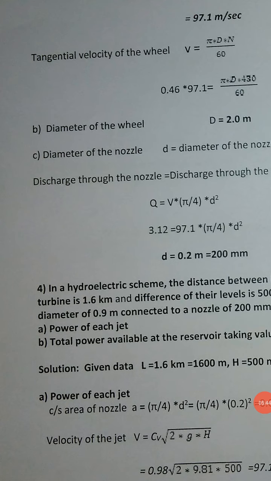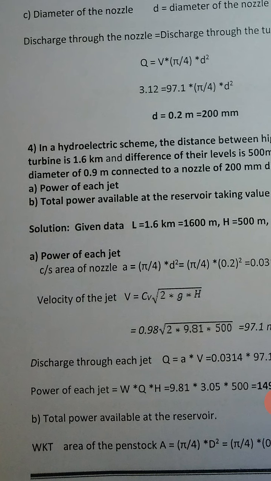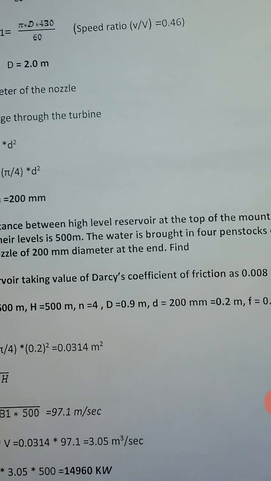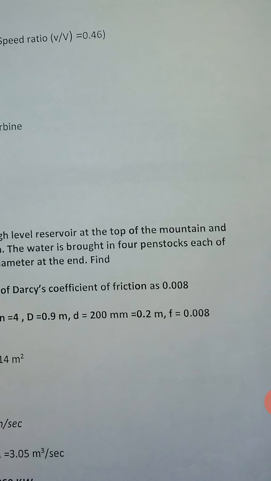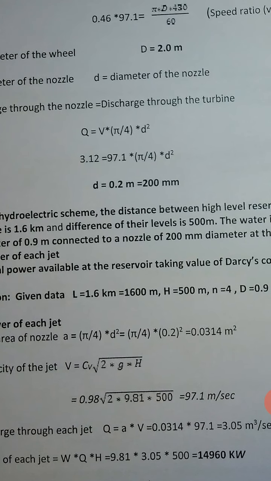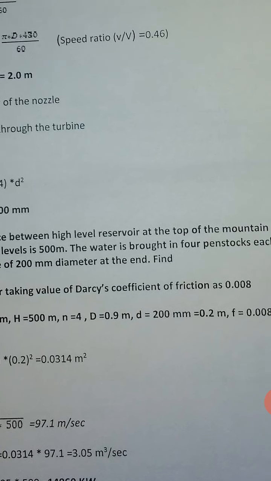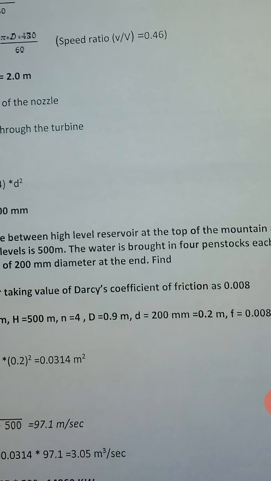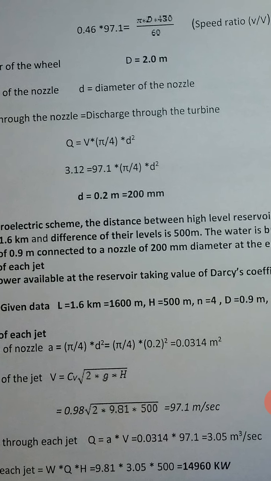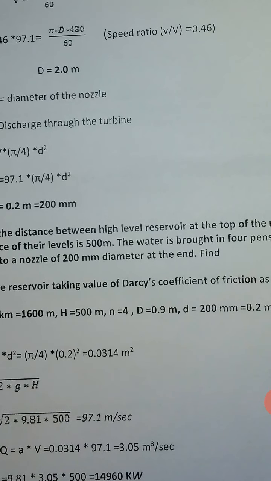Then the fourth problem we can have. In a hydroelectric scheme, the distance between the high level of the reservoir at the top of the mountain and the turbine is 1.6 kilometers, and the difference of their level is 500 meters. The water is brought in 4 penstocks, each of diameter 0.9 meters, connected to a nozzle of 200 diameter at the end.